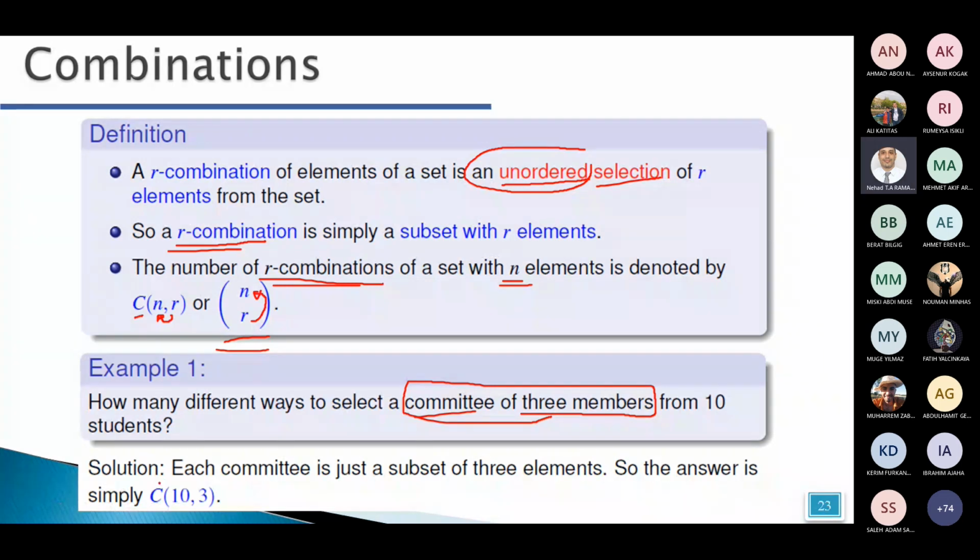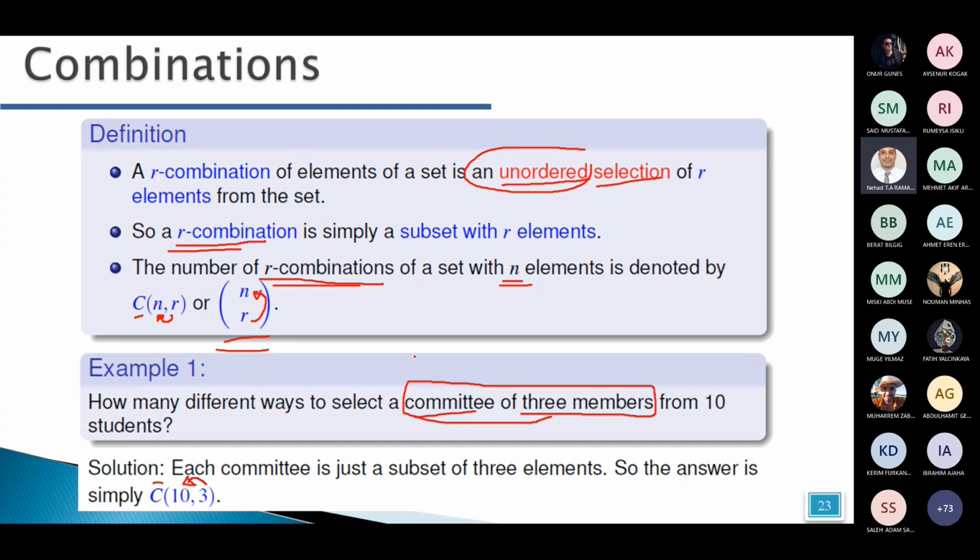So it's combination, not permutation. Why? Because we don't need order. If we said the 3 members, one as a leader, one as first deputy and one as a second deputy, in this case we have order. But generally 3 members in a committee is not ordered. So if it's not ordered, it's combination 3 out of 10.